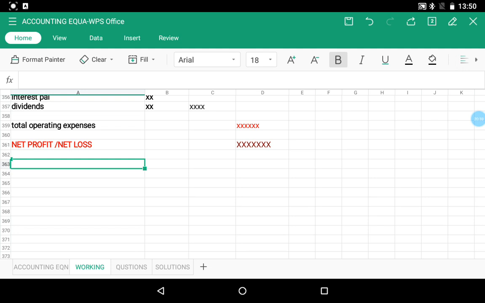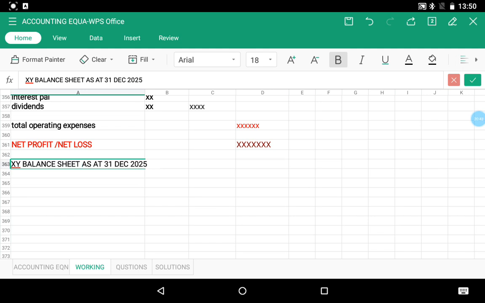So I'm going to say XY balance sheet as at 31st December 2025. If they ask you for a balance sheet, say balance sheet. If they say financial position, you say financial position.